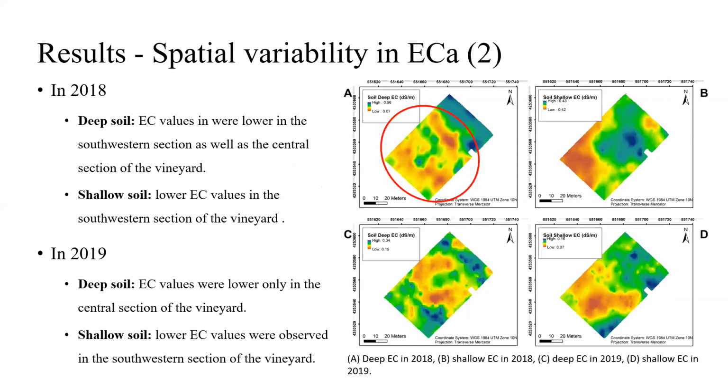Shallow soil showed lower ECA in the southwestern corner of the vineyard in 2018. However, ECA in deep soil was lower only in the central section in 2019, as we saw in the first section of this presentation. And a similar trend was evident in the shallow soil in 2019, as we saw in the first season, where lower ECA was measured in the southwestern section of the vineyard.